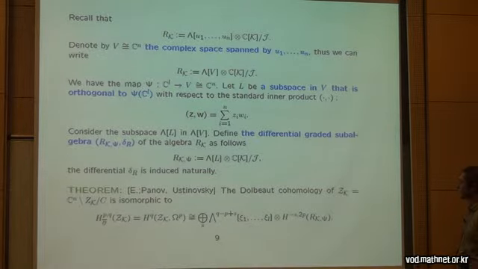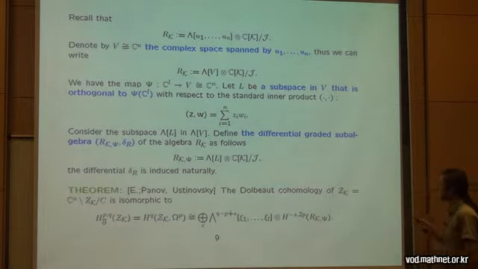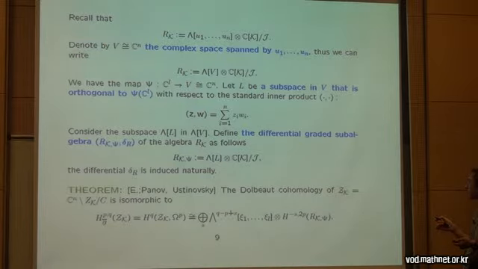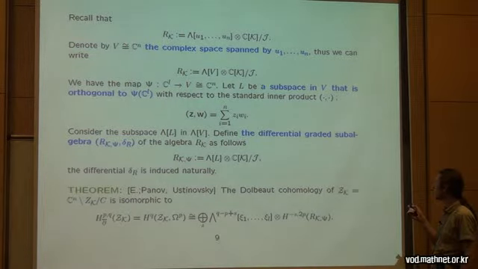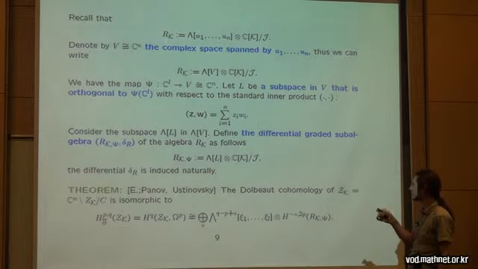So now I would like to study some complex invariants of this manifold. Okay, recall that we have this algebra that we use for computing the ordinary cohomology of the moment-angle complex. Now we denote V as C^n, and we consider it as a complex space spanned by the basis u_1, ..., u_n, and thus we can write this algebra in this form.